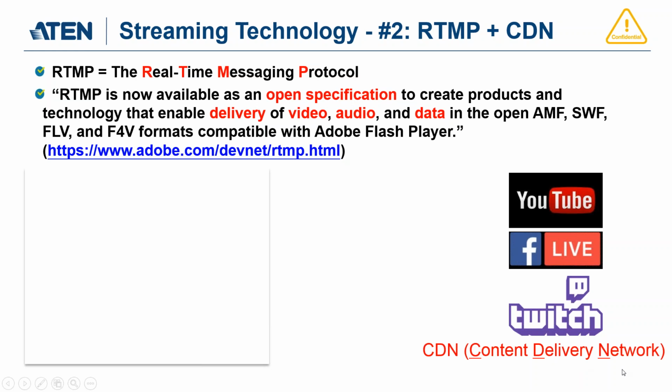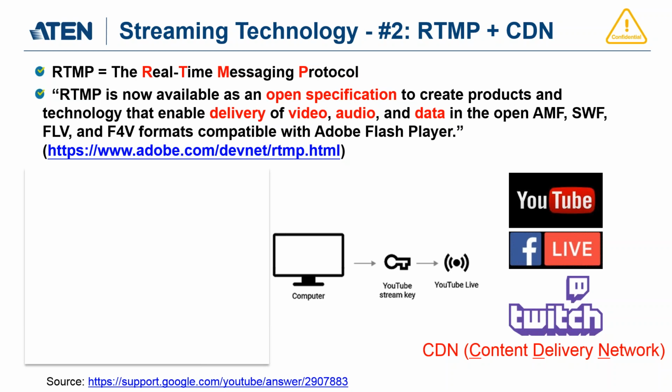Imagine the platforms we all know about: YouTube, Facebook Live, Twitch for gaming. They are all CDN service providers. What they can do is, they say, go ahead and give me a video, and I will help you distribute your video to the world.